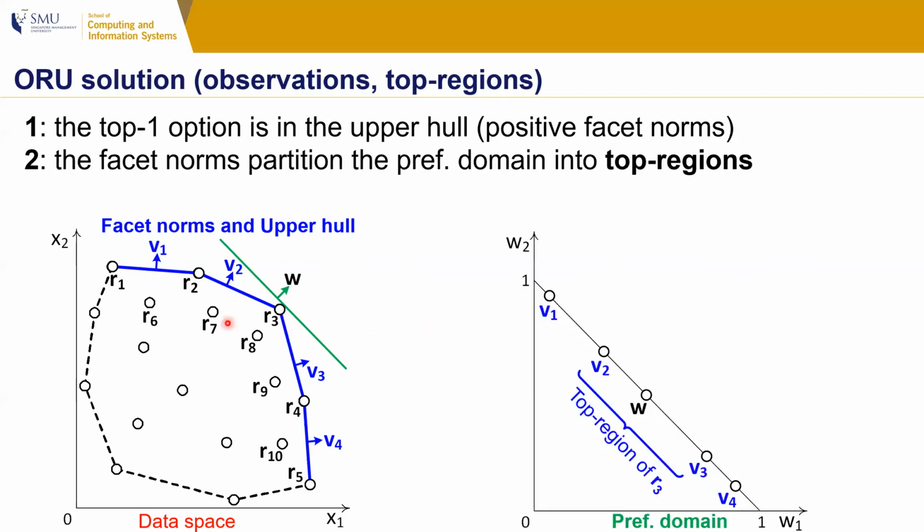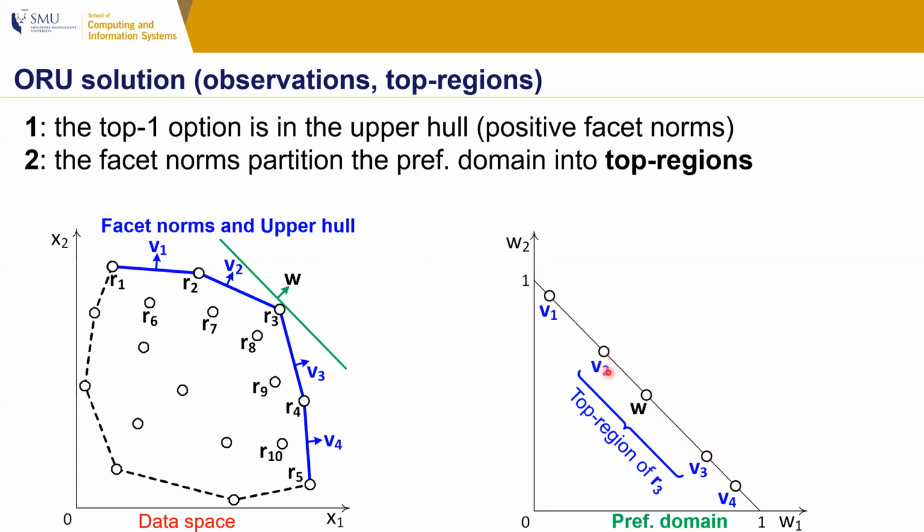Effectively, these norms are partitioning my preference domain, which in this two-dimensional example is just this diagonal line segment. So this preference domain is partitioned according to the dual representations of these facet norms.